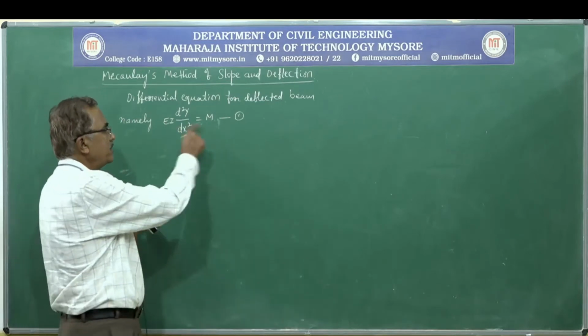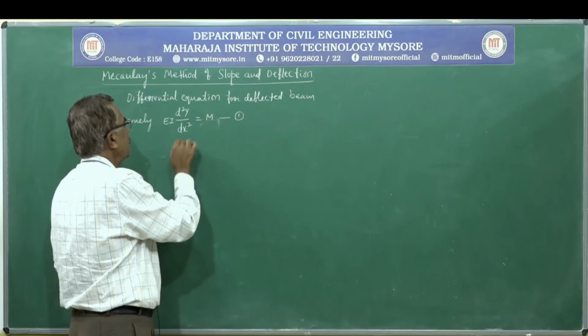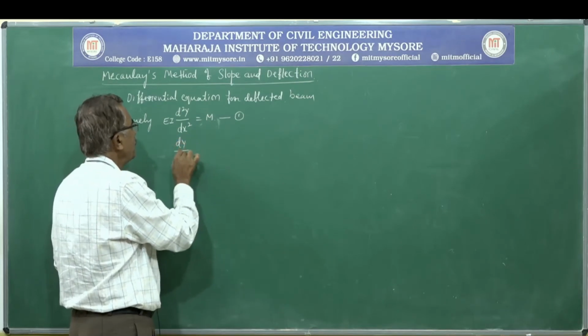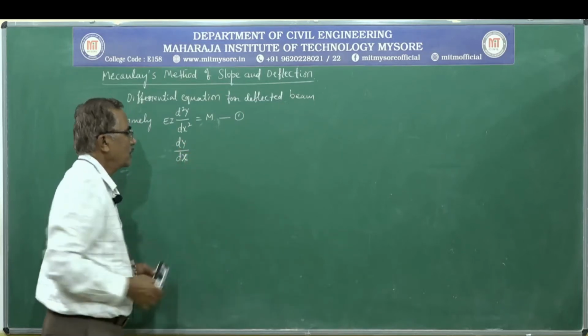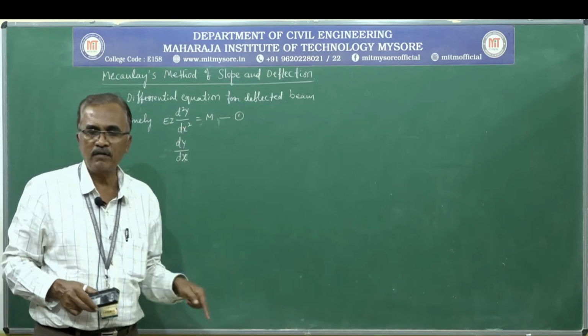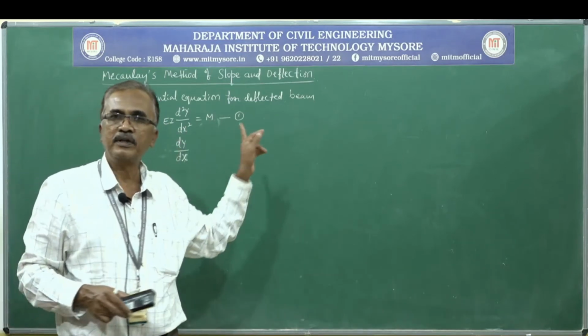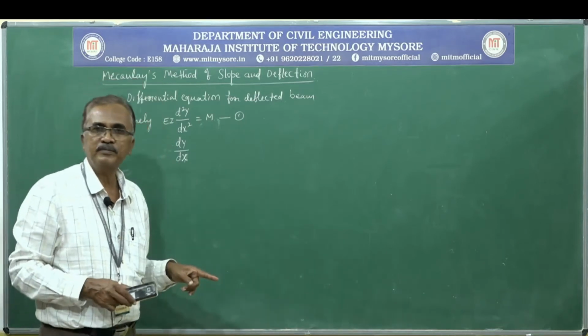If you integrate this equation once, we will get the equation in terms of dy by dx, and dy by dx is nothing but slope, as we discussed earlier: slope at any point of the curve is equal to dy by dx.